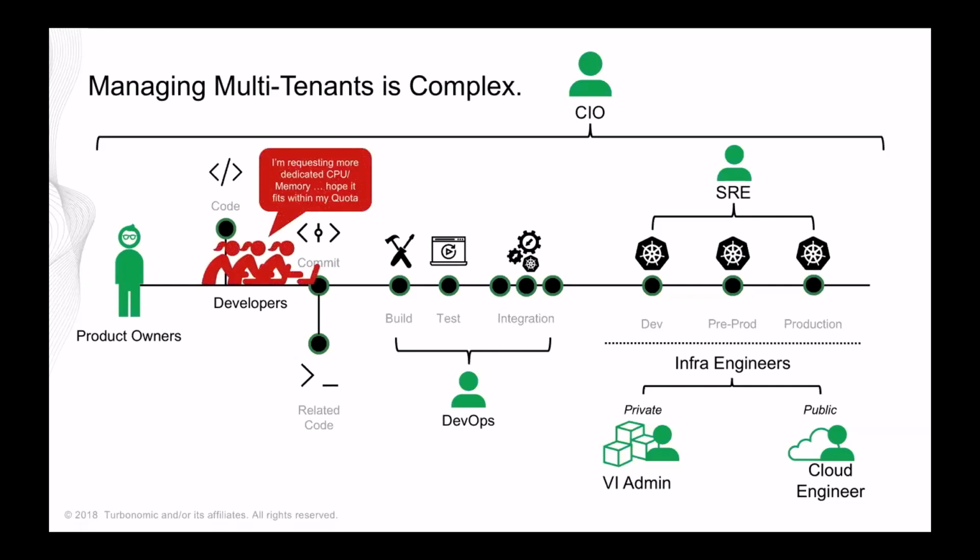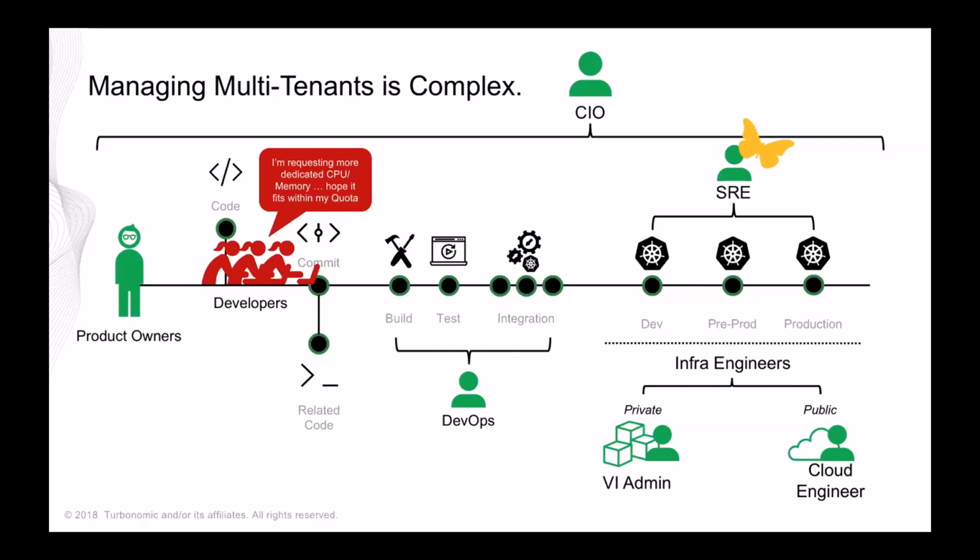Well, the developer is going to deploy their services. They very likely have to put in a container specification, and they may not want to spend a lot of time trying to figure out how much the services actually need. So they may request more resources and hope that it fits within their quota.